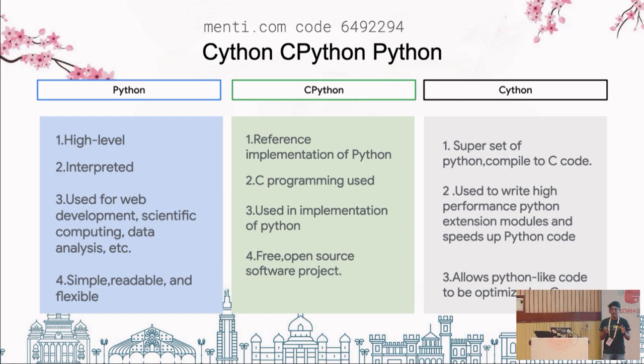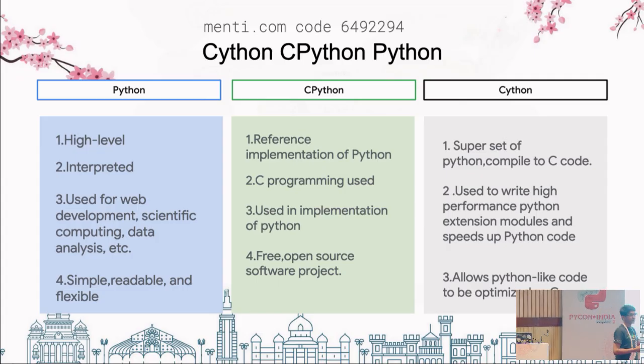But what is actually Python? What is CPython? And what is Cython? These three sound so similar, but they are very different. As we are at PyCon, we know Python is a high-level, interpreted language used for machine learning, web development, scientific calculations, simple and readable, right? But what is CPython? CPython is an implementation of Python.